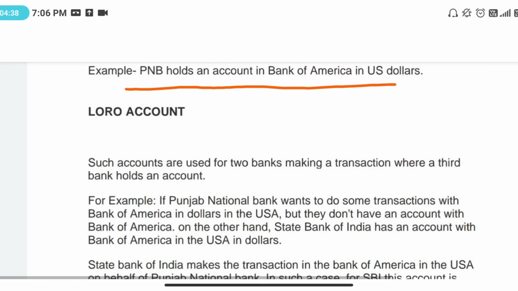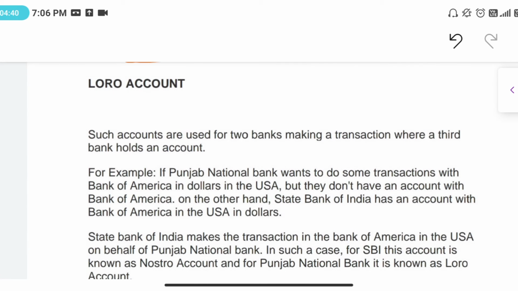Then the loro account. A loro account is where two banks make a transaction while a third bank holds an account. This is called a loro account. For example, say PNB wants to do some transaction with the Bank of America in dollars in USA, but PNB does not have an account in Bank of America in dollars.